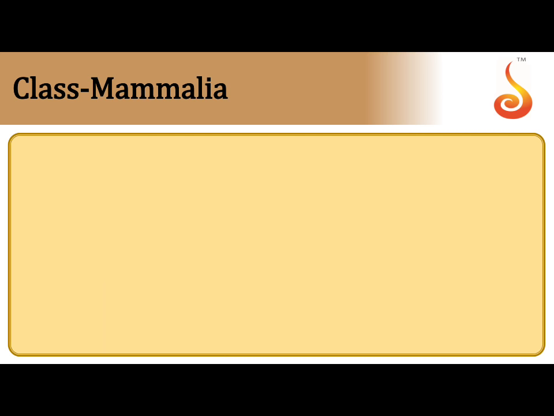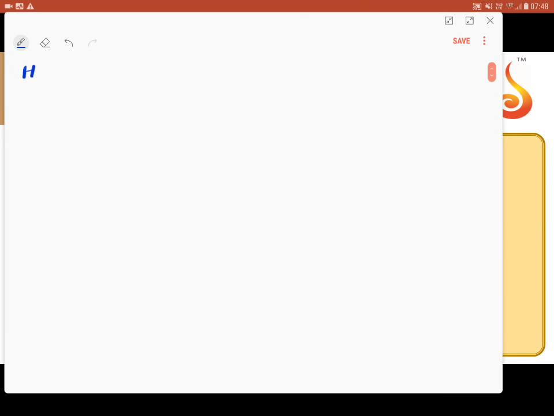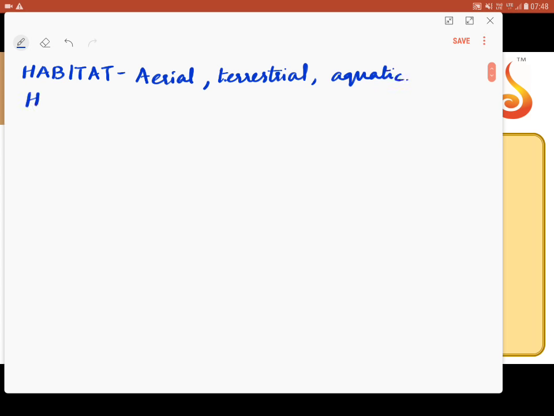Let's quickly revise the entire Aves. And when we revise, how do we revise? We first have habitat. Habitat, when you see, they prefer aerial conditions, but we also see birds which are terrestrial and aquatic. Then comes habit.